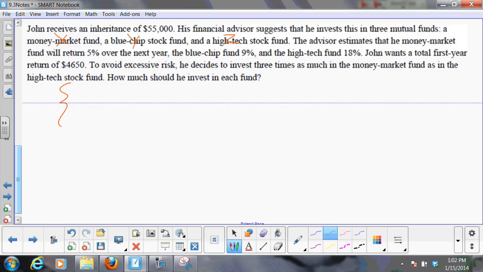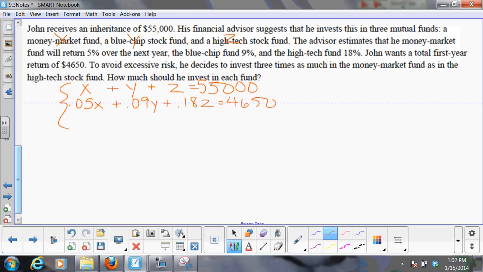So our system: we're investing our $55,000 in those 3. Then we have our returns, and we want our return to be $4,650.